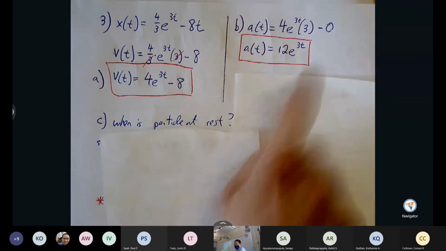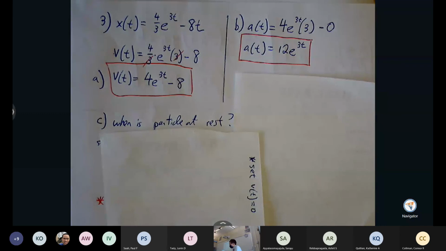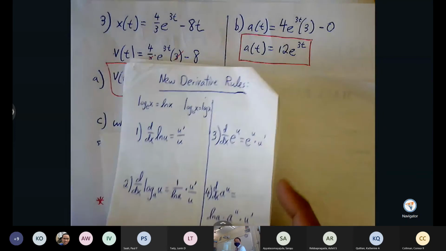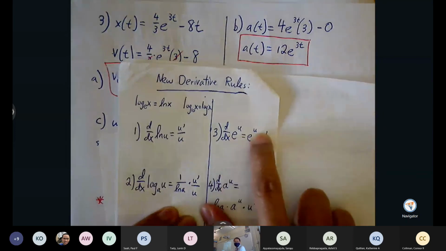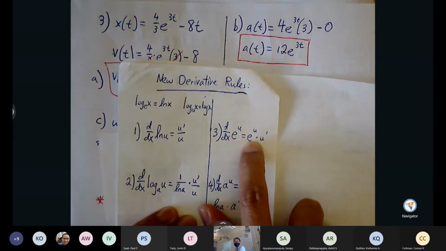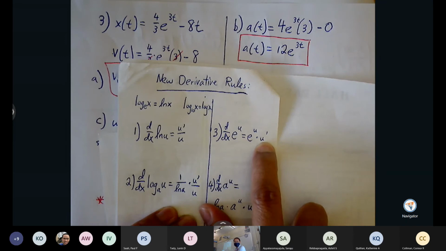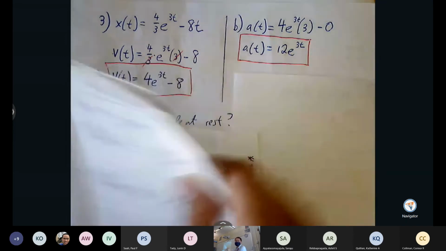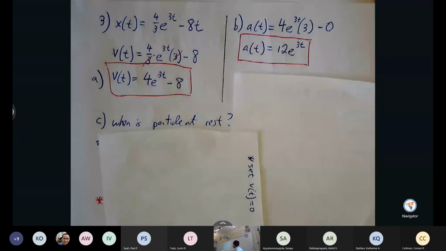So if you look at the rule here, all right, the rule is it's not e to the u minus 1, right? It's the original function times the exponent's derivative. All right, good so far?